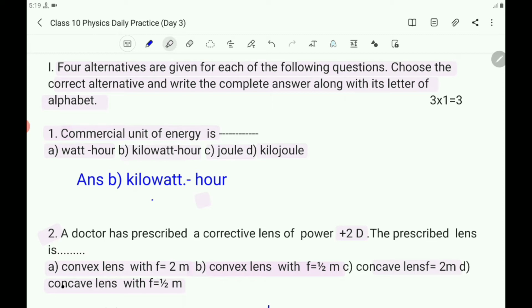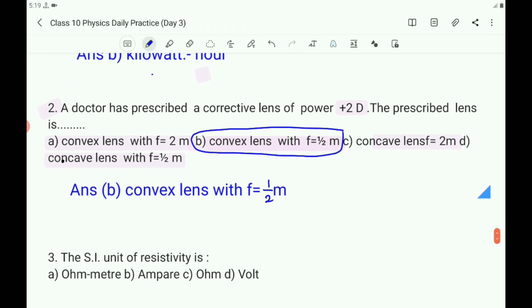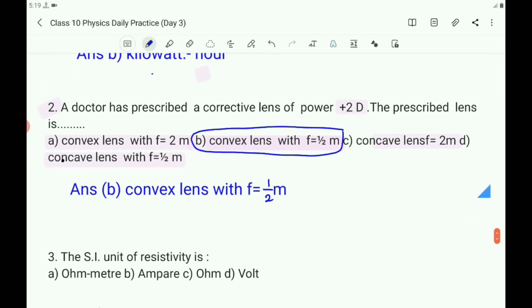Convex lens with f equals 1 by 2 m is the answer. So take that, option B is the answer, that is convex lens with f equals 1 by 2 m.